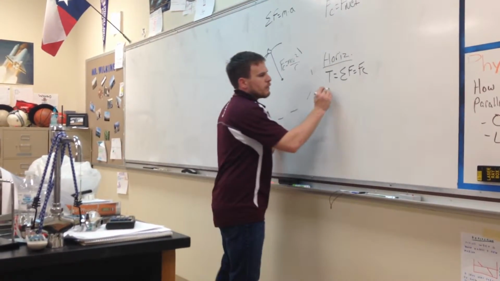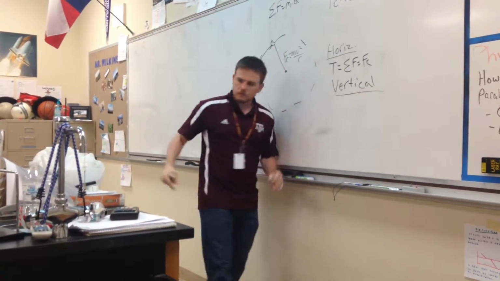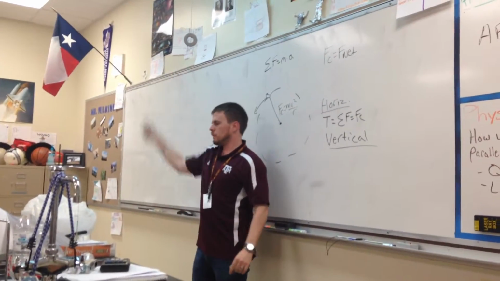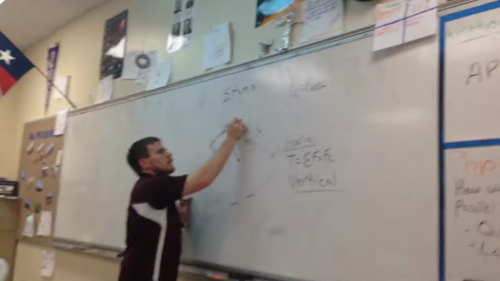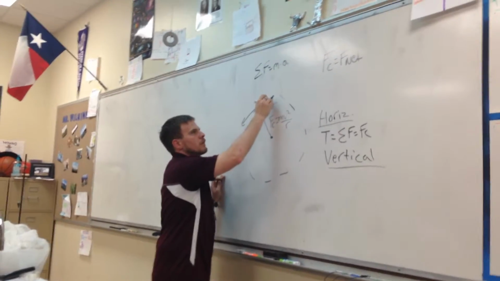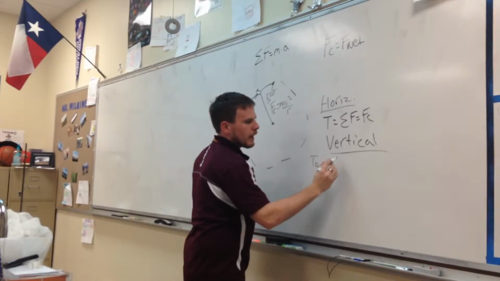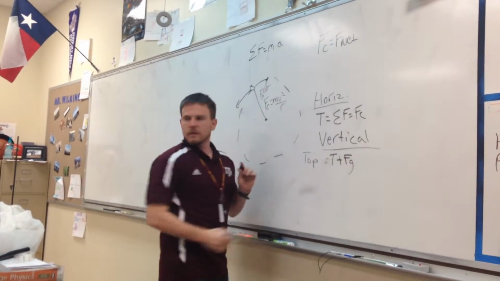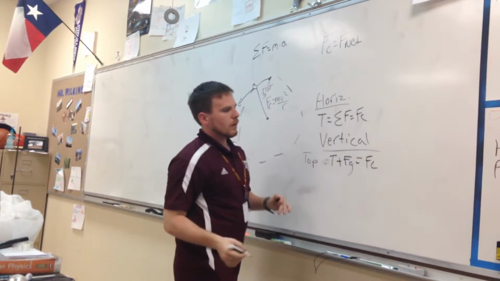On the other hand, if it's a vertical circle, meaning that rather than it going around like on a turn like this, it's going up like this, it's different. Because at the top, you have the tension pulling it down, but then you also have what pulling it down? The force of gravity. So at the top, you have tension plus the force of gravity, because they're both pulling the same direction, equals the centripetal force.